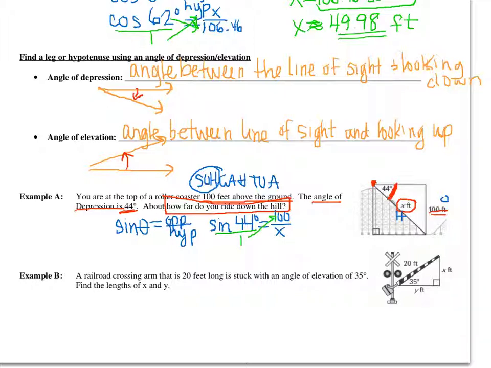1 times 100 is 100 equals, cross multiply here, you have sine 44 degrees times x. And I want to get that x alone, so I need to move the sine of 44 to the other side. And I'll do that by dividing by the sine of 44 degrees.